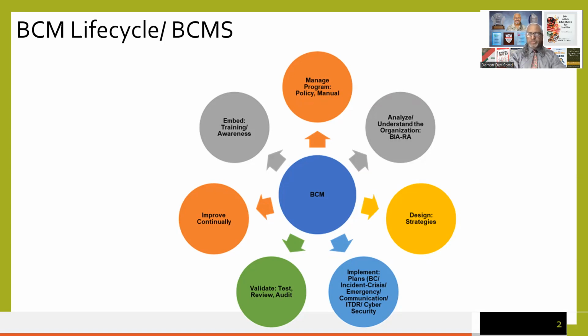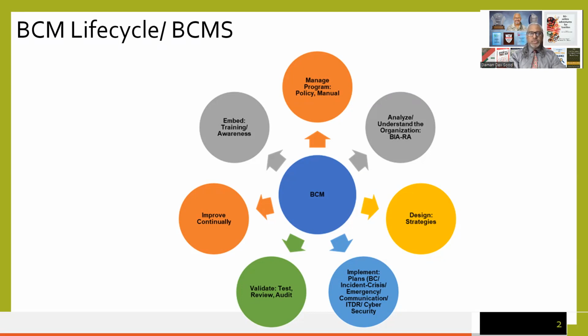Policy, in simplest terms, is the intent and commitment of the top management. You will also write a manual containing all the processes, BCM processes. So, for example, how will you conduct BIA? How will you conduct RA, etc.